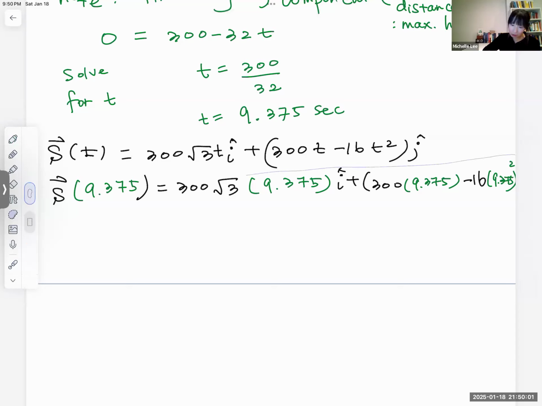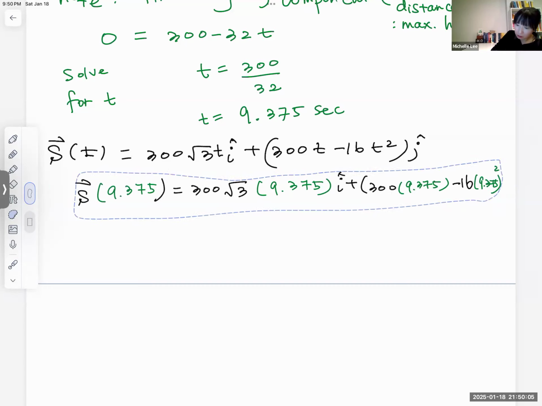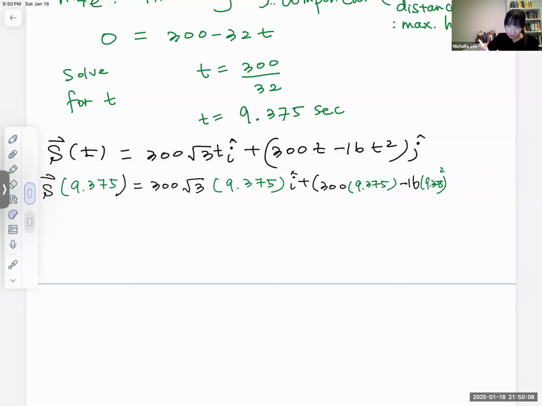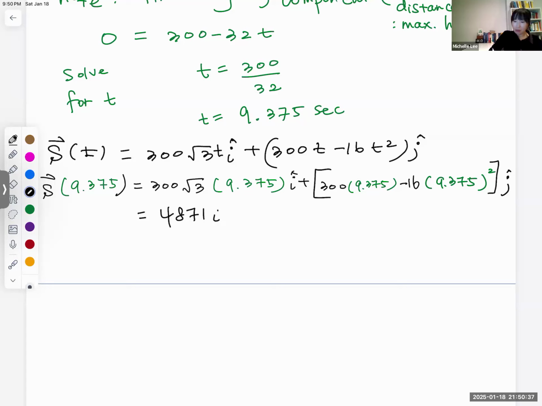Okay, can you please calculate j hat? So the i component we have 4,871 i hat plus j hat.